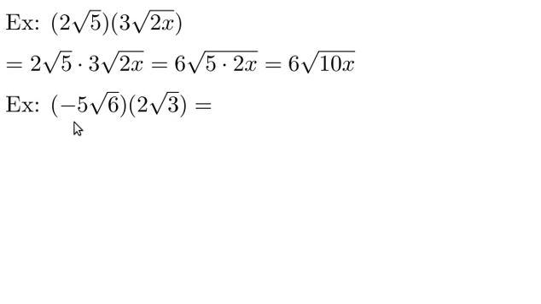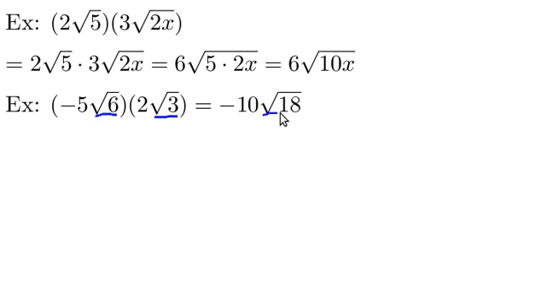So we can take this negative 5 and this positive 2, multiply those together, and you'll get negative 10. Then we have root 6 and root 3. Well, that's going to be equal to the square root of 6 times 3, which is going to be 18.